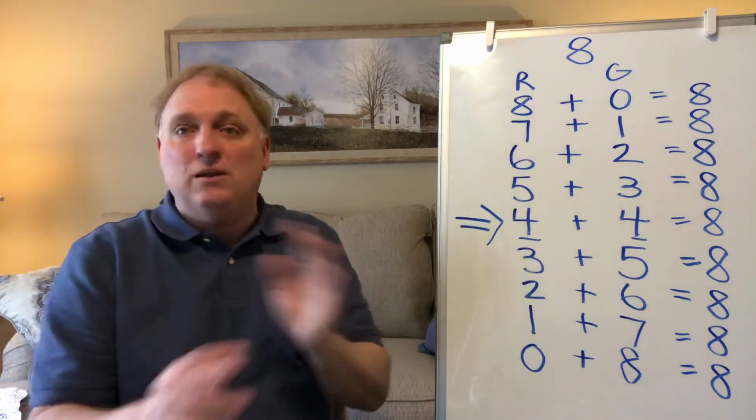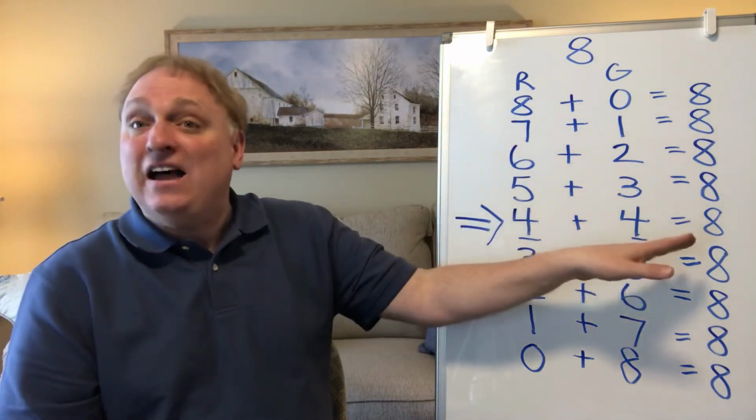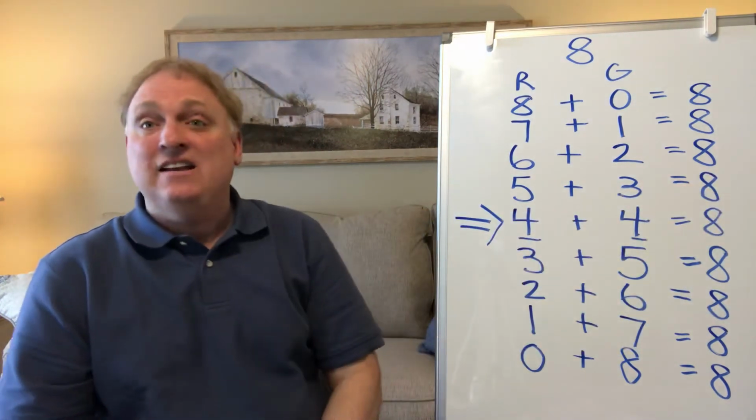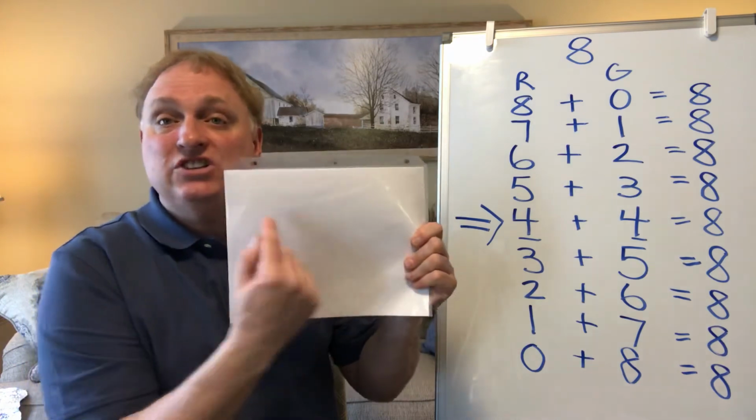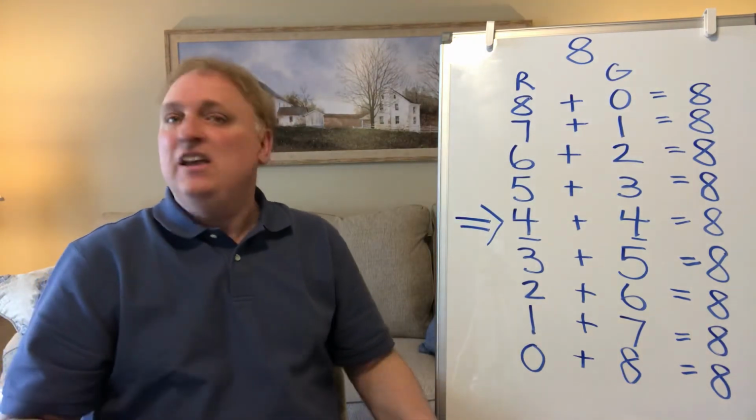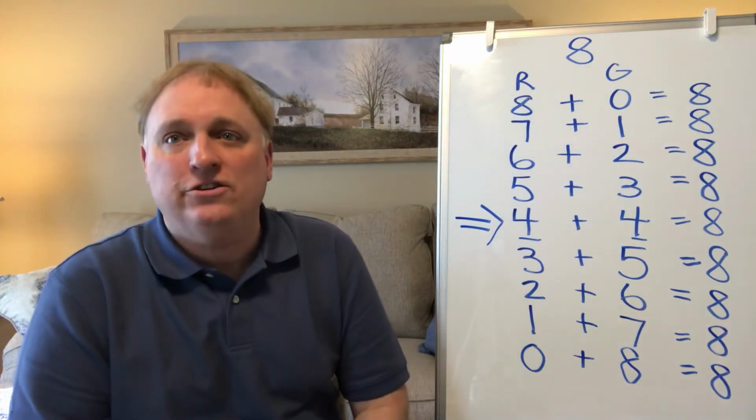Doesn't matter which way it comes. How many times do I get 5 and 3 that make 8? And then you can also write them out on your board as addition sentences, just so you're practicing. It's a really fun, cool way to learn your facts.